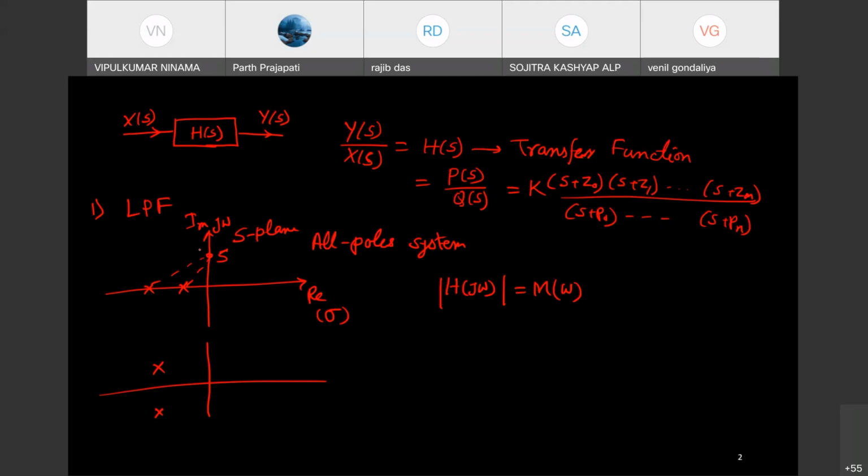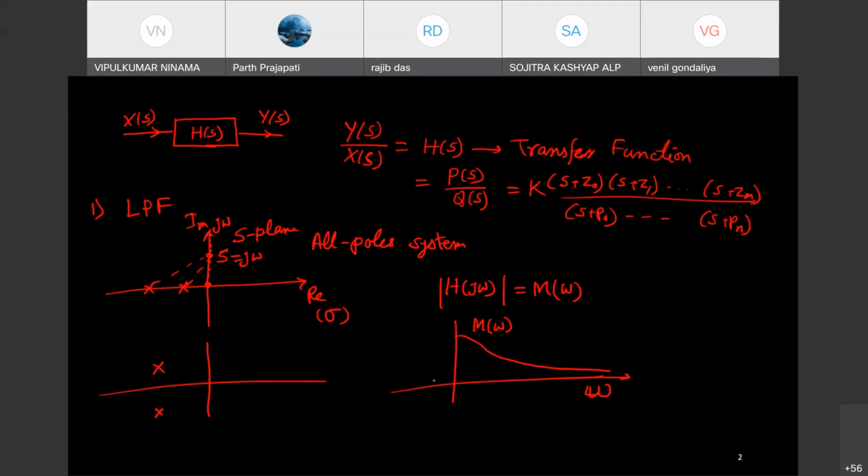You will see that the point s equal to j omega moves from the origin to the higher frequency side, and at that time you need to show the magnitude plot, and every time you will expect that it should look like this. This is your low pass filter, this is omega, this is your magnitude plot.